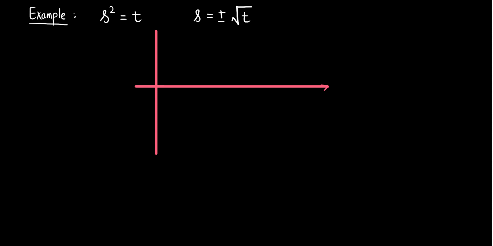On the horizontal axis, there is time, whereas on the vertical, we have S, and we are taking the square root both in the positive and negative direction.